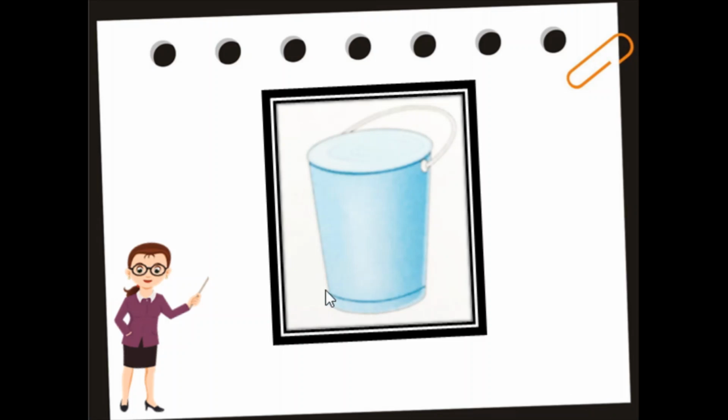Very good. How about this pail of water? The pail's brim is over here and the water is also here, which means, is it the same or not? It is the same.